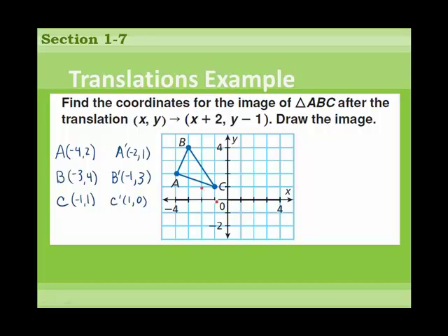And then I have negative 1, 3. There's my B prime. And then I have 1, 0. And that's my C prime. And if we draw this here, this is A prime, this is B prime, and this is C prime. You can see that this image from the pre-image has been slid to the right 2 and down 1.